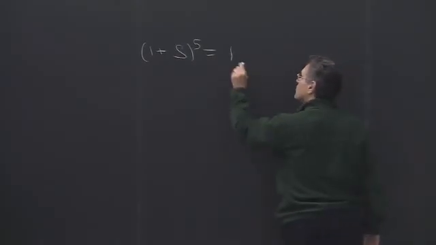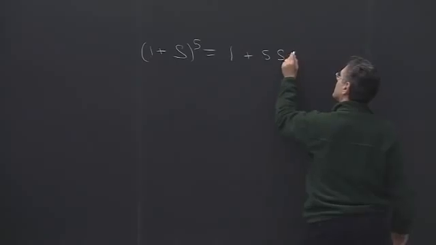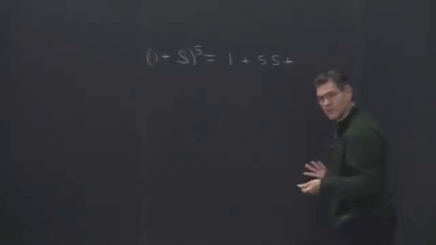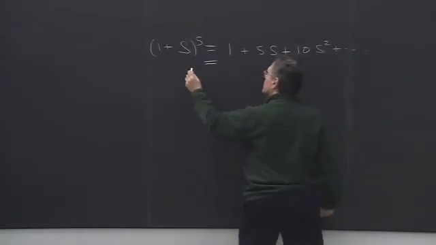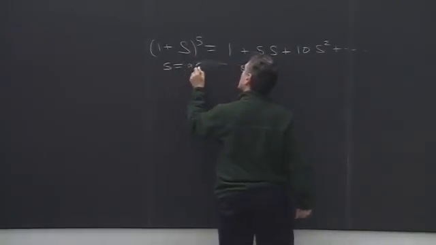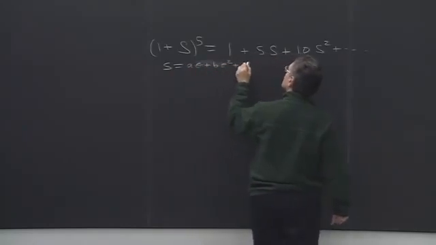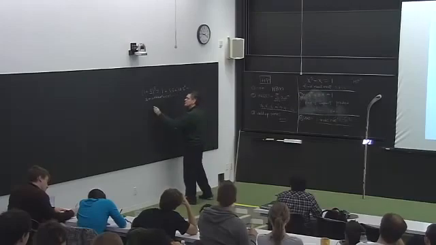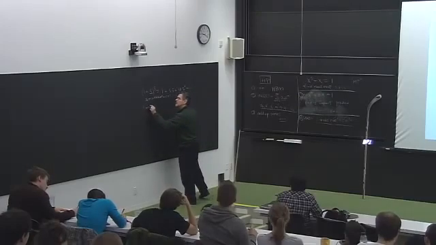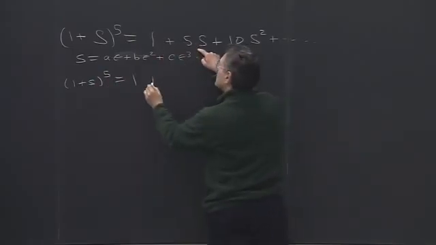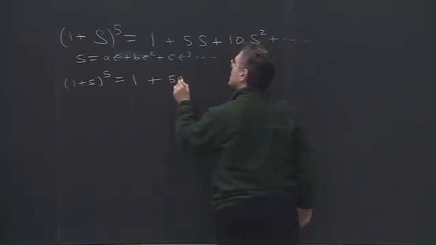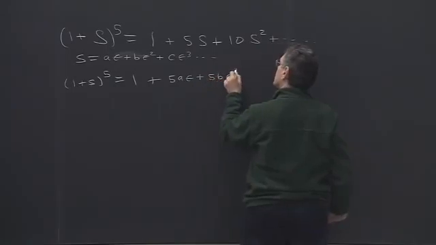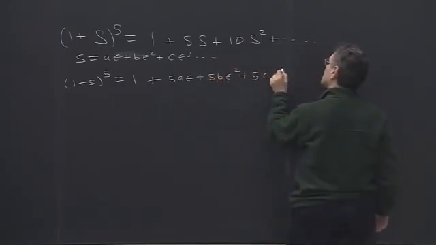Well, the first term is 1, and then we have 5 times that something, plus 10 times that something squared, and so on. If this something is A epsilon plus B epsilon squared plus C epsilon cubed, and so on, then 1 plus that something to the 5th power is 1 plus 5 times all of this, which is 5A epsilon plus 5B epsilon squared plus 5C epsilon cubed, and so on.